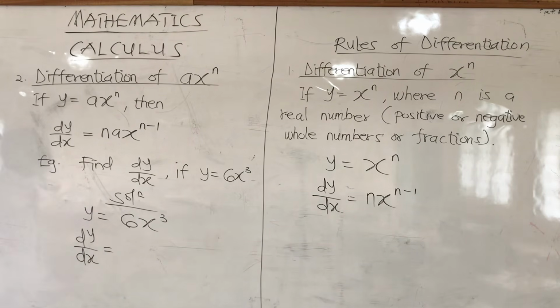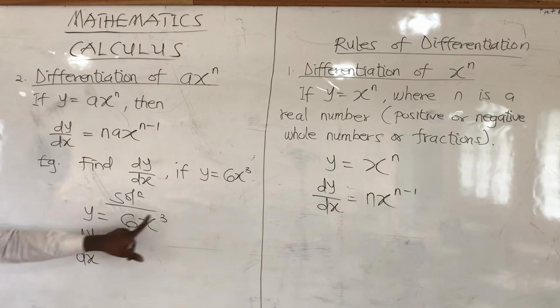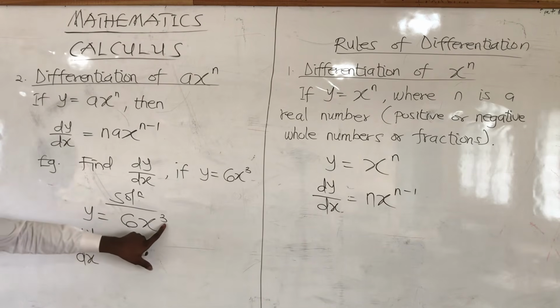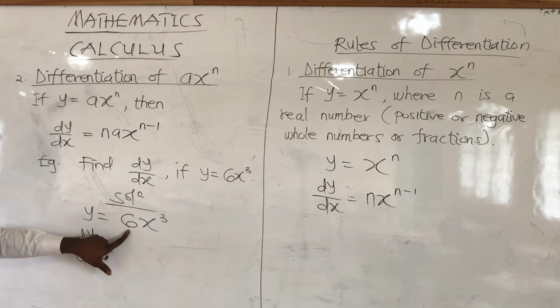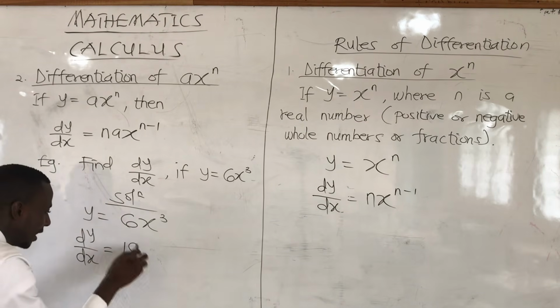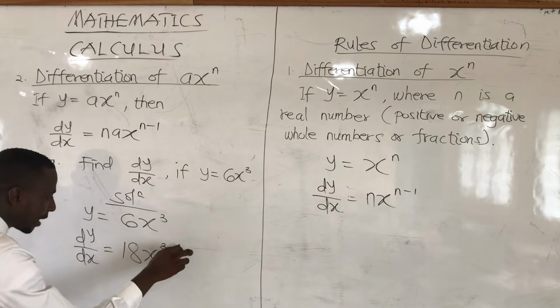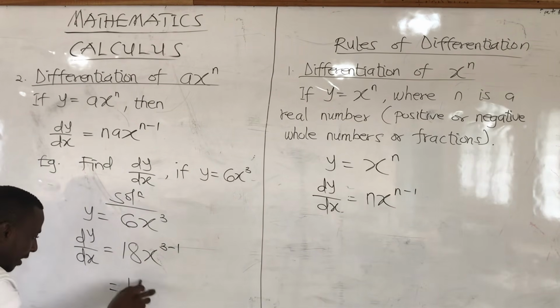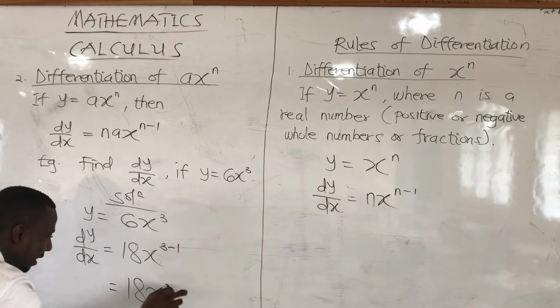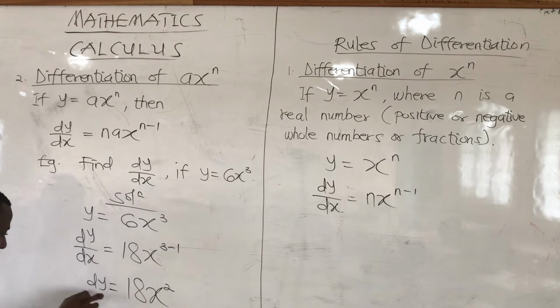So dy over dx is going to be 3 times 6. So always the exponent here multiplying the coefficient of x. So we have 18. You repeat the x, then you take 1 from the exponent. So 3 minus 1. So basically we have 18x squared. That will be the final answer.